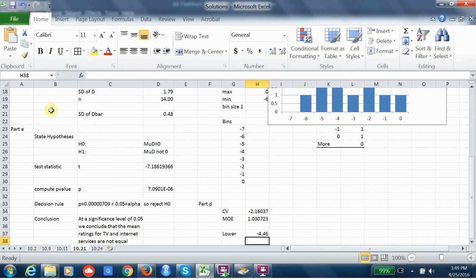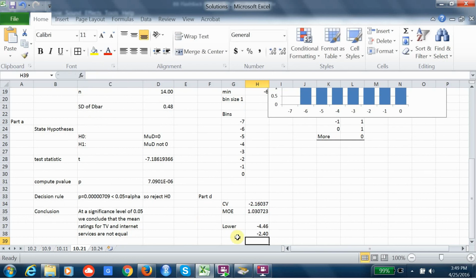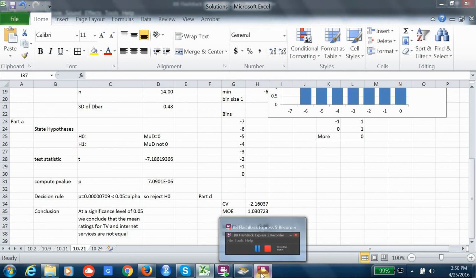Now you're going to notice that 0 will not be in here, and we know it can't be, because since we rejected the null hypothesis, the number on the right-hand side of the hypothesis statements cannot be in here. So there's our 95% confidence interval.